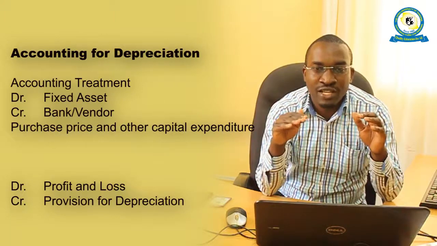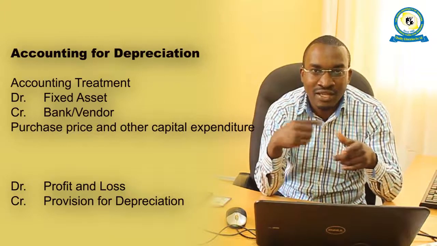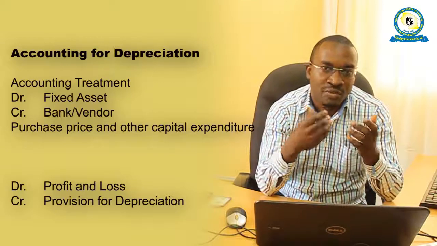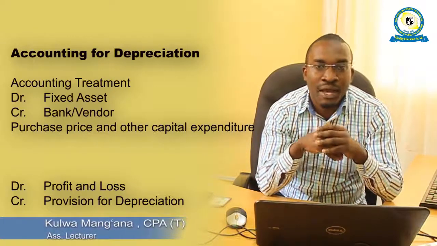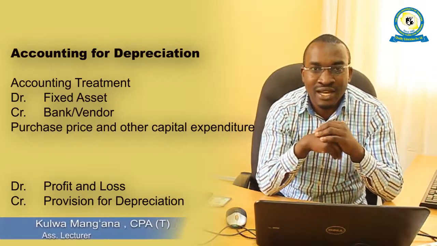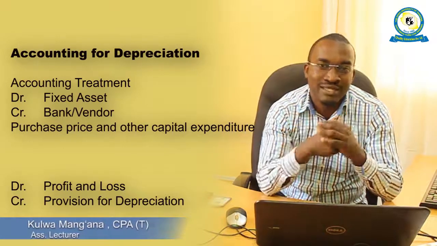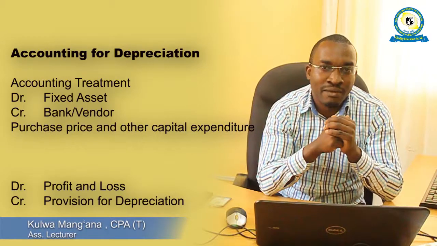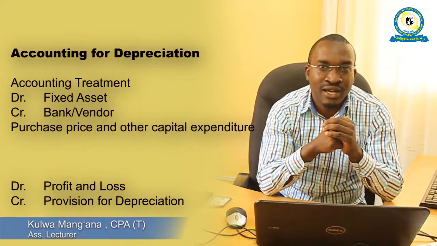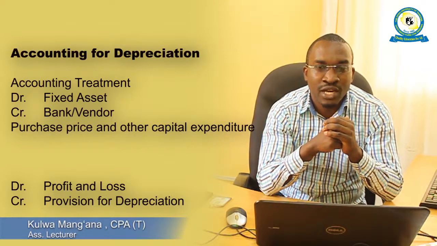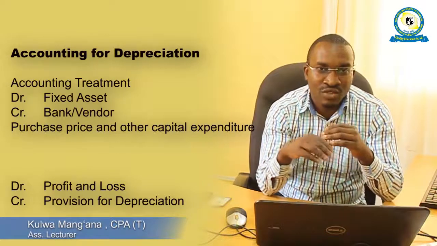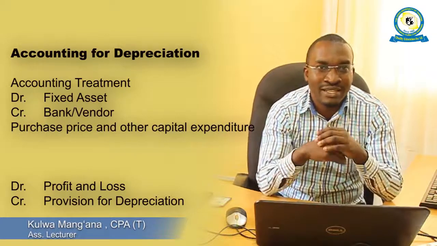Now, if you concentrate on the asset, if an asset is coming in, or if you purchase an asset, you're supposed to debit that account. But if that asset account is going to be reduced, for example, you have an asset bank account, and if there is a reduction in an amount of money from that bank account, that account is going to be credited.